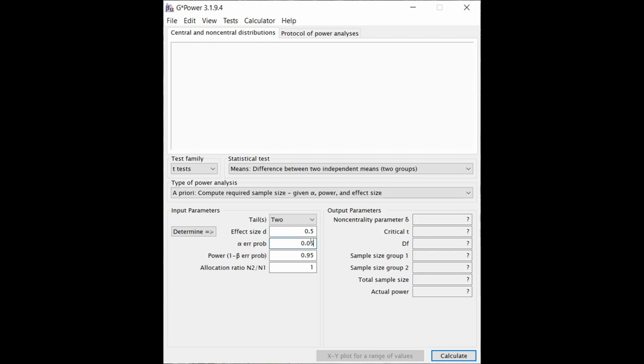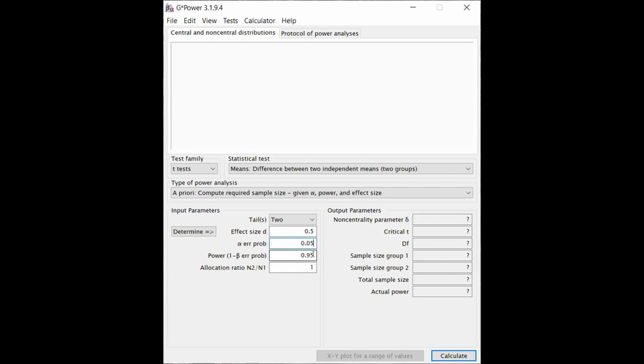Social sciences always uses 0.05. Our alpha is always set at 0.05. This is very important for you to know. Medicine will use 0.01. So this means that there's a 5% chance of making a type 1 error or a false positive. Okay, so I'm going to always leave my alpha in social sciences at 0.05.